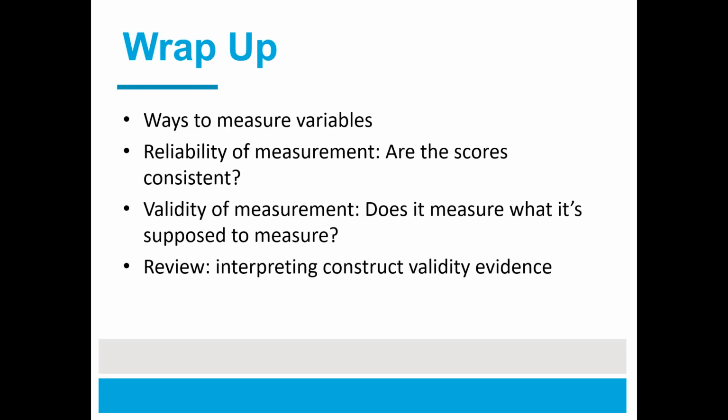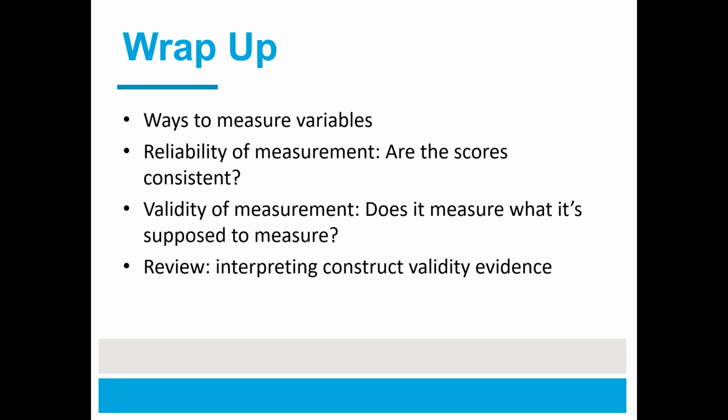So let's wrap up this week's topics. We talked about some different ways to measure variables, that we could use self-report, observational, or physiological measures, and that there are different scales of measurement with different levels of quantifying variables. We talked about the reliability of measurement. Remember that there are 3 types of reliability: test-retest reliability, interrater reliability, and internal reliability.